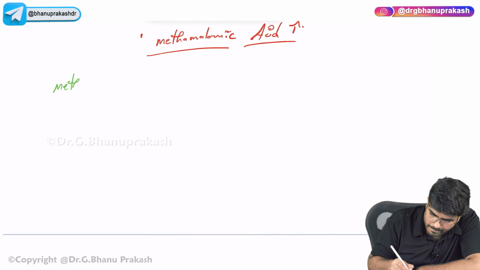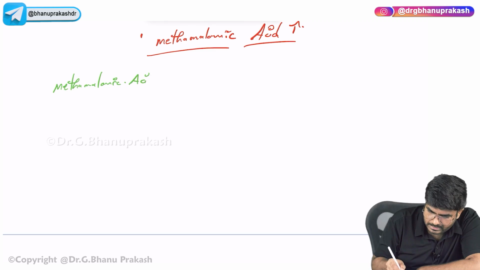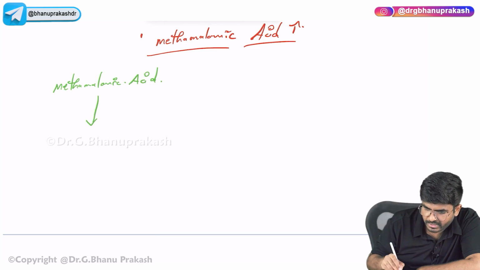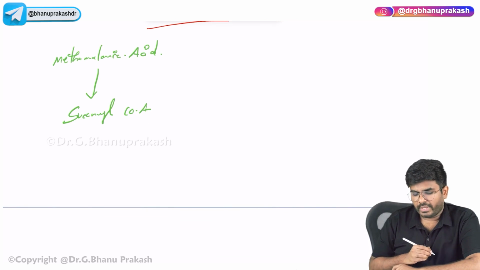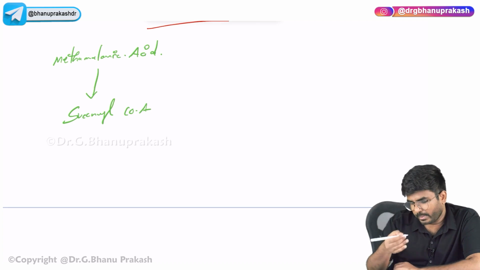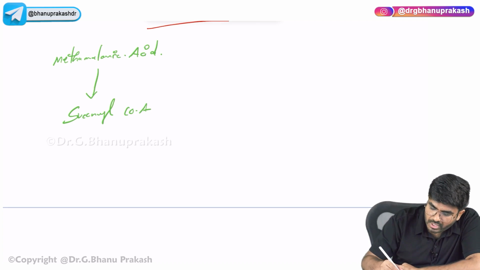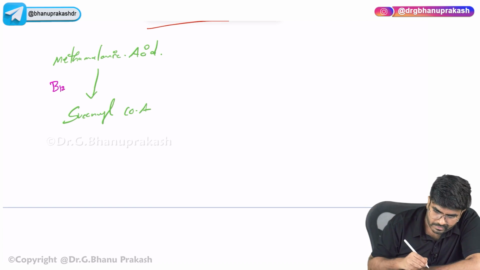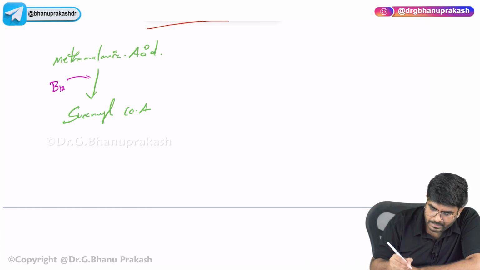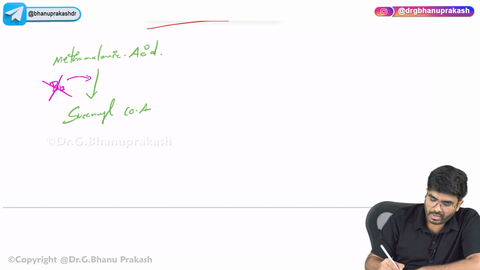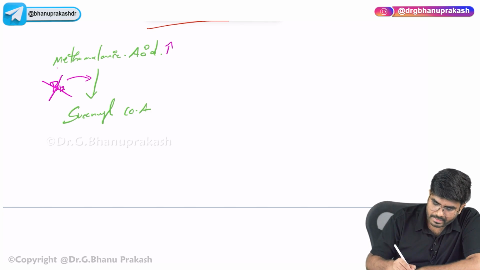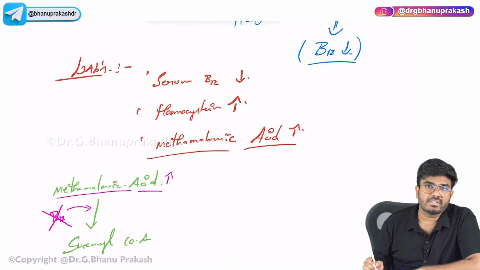Methylmalonyl CoA needs to be converted into succinyl CoA with the help of what? With the help of vitamin B12. When vitamin B12 is not there, what happens to the methylmalonic acid levels? Elevated. So that's why methylmalonic acid levels are elevated.